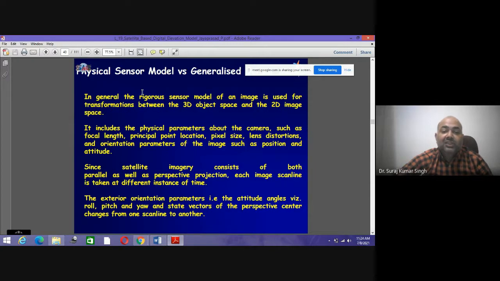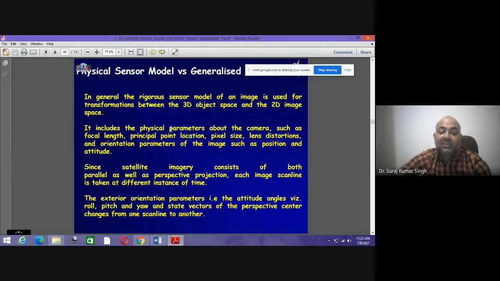So now some of the physical sensor model versus generalized model. In general, the rigorous sensor model of an image is used for transformation between the 3D object space and 2D image space. It includes the physical parameters about the camera such as focal length, principal point location, pixel size, lens distortion, and orientation parameters of the image such as position and attitude.